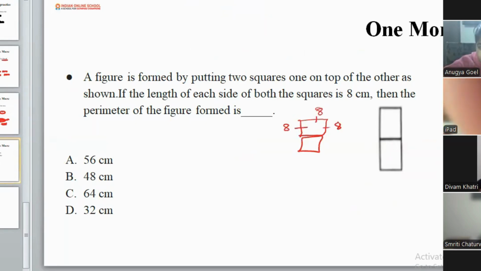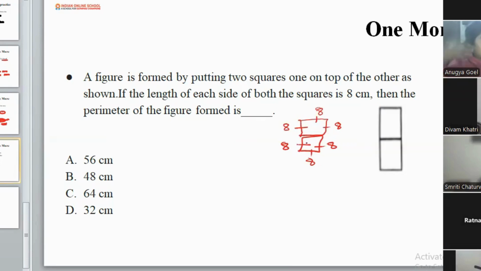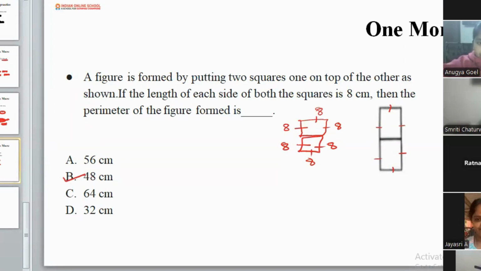Then what is the perimeter of this figure? 48 centimeters, because we are supposed to add the boundaries only. The length becomes 16 and the breadth becomes 8, and when we solve it, we get 48. Very good, everybody.